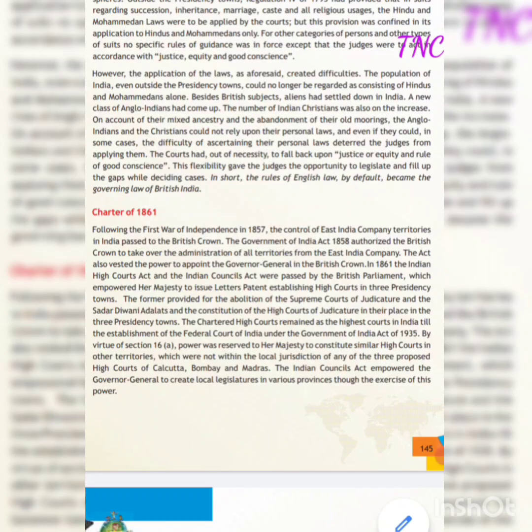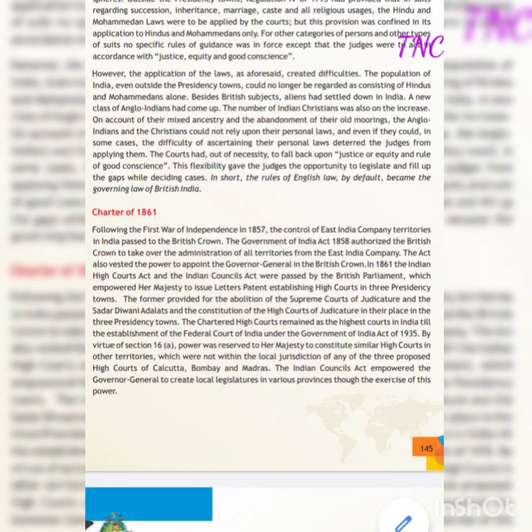The Act also vested the power to appoint the Governor General in the British Crown. In 1861, the Indian High Courts Act and the Indian Councils Act were passed by the British Parliament, which empowered Her Majesty to issue letters patent establishing high courts in 3 presidency towns. By this time, I guess everybody knows what the term 3 presidency towns refers to: Madras, Bombay and Calcutta.